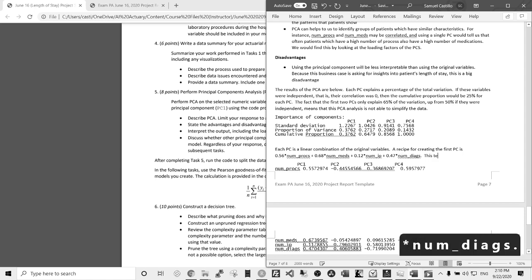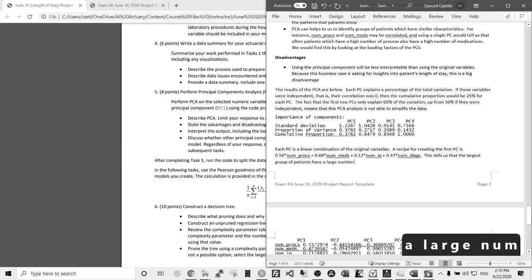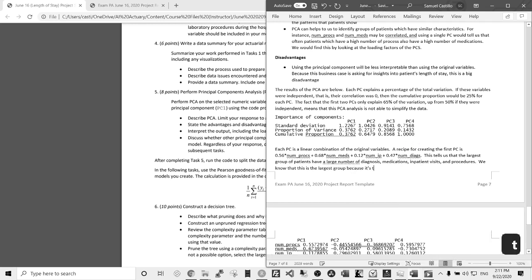This tells us that the largest group of patients have a large number of diagnoses, medications, inpatient visits, and procedures. We know that this is the largest group because it's the first principal component.